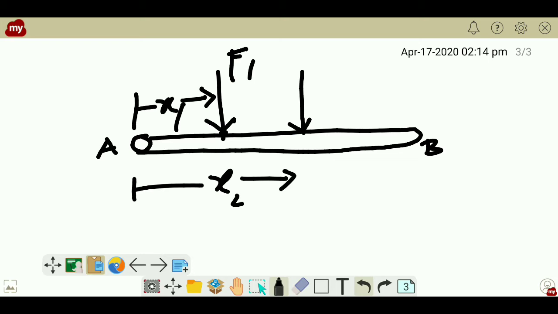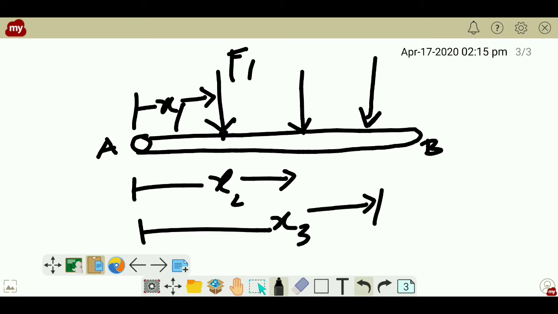Let us take another force, F3, acting at a distance of x3.